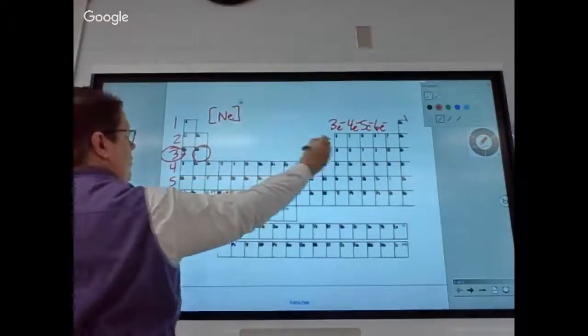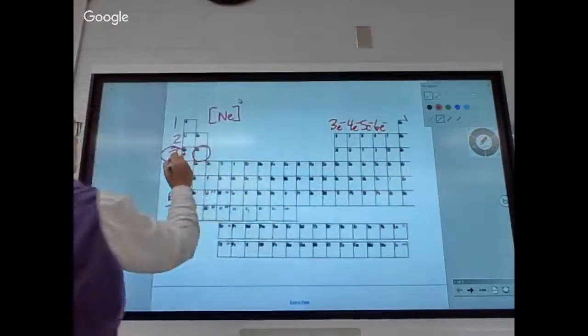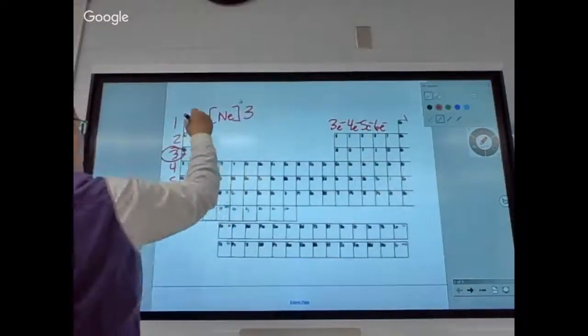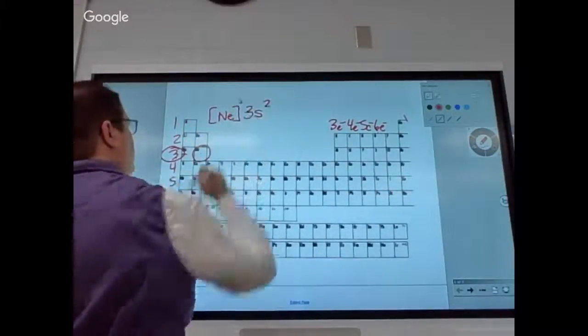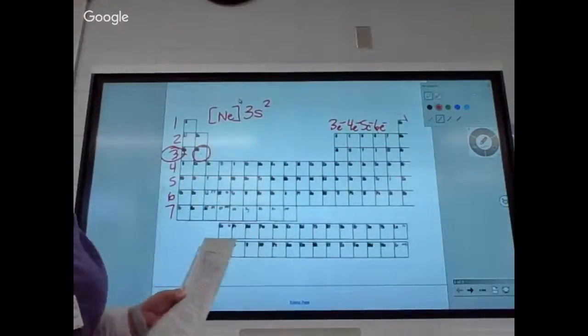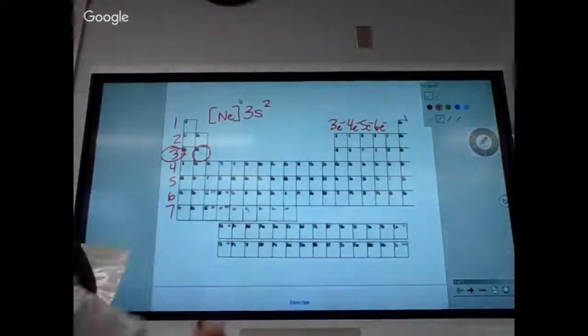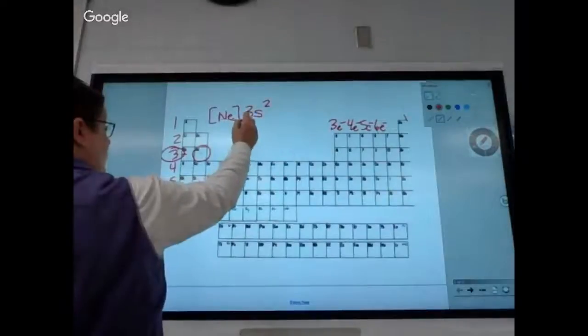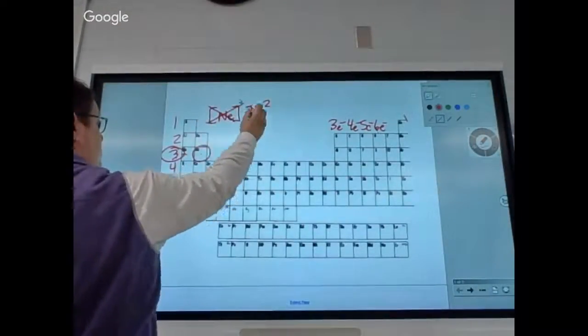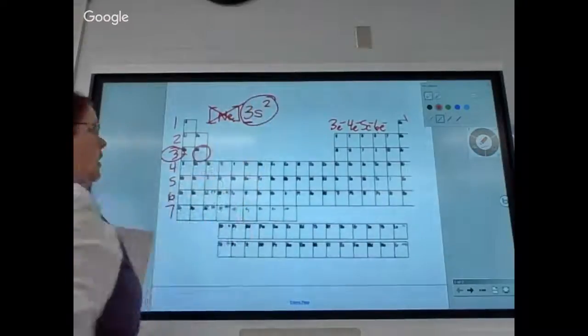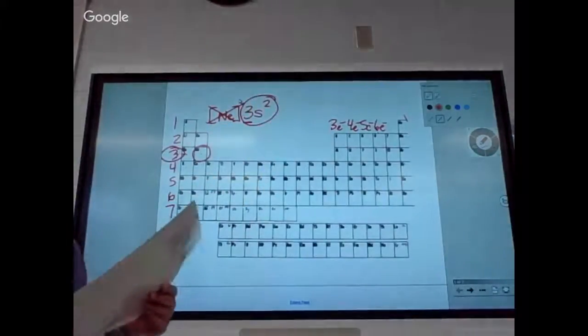All right, so what comes here? What block is this? And 1, 2. Okay, so what's the outer shell? Yep, because this is the highest energy level, right? The 3, that's inner shell. So that makes all of that the outer shell. So the outer shell is 3s2.